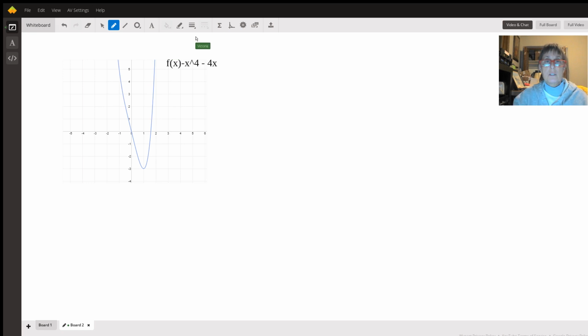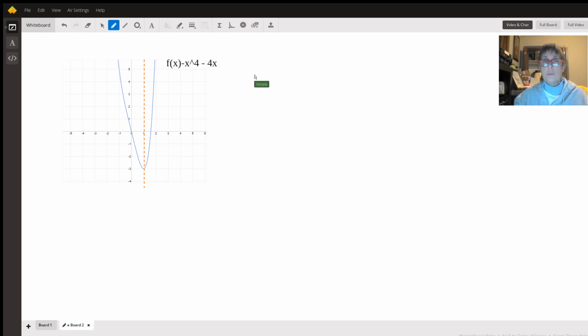Let's make it skinny, dashed, and orange. If I make a vertical line right here at 1, notice that's where the minimum is. Here at x equals 0, it didn't change from being concave up to being concave down.